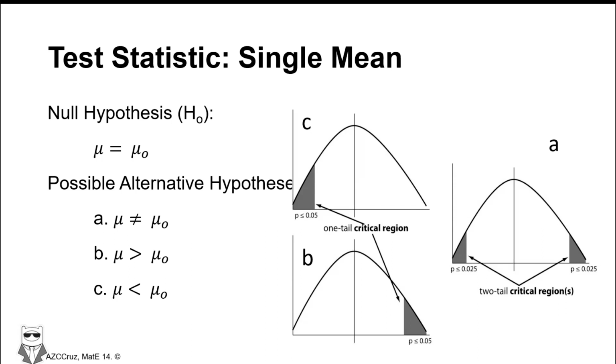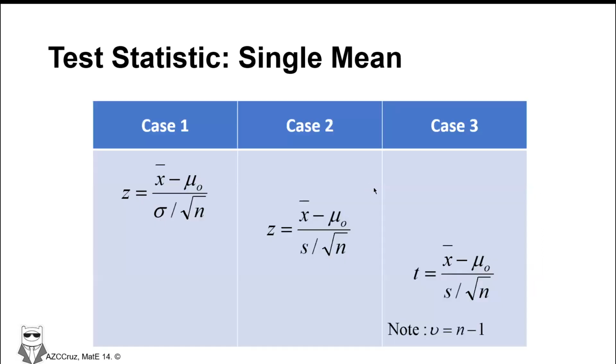Okay? So let's try an example, no, para mas ma-imagine natin siya. So eto, we have 3 cases and notice na similar lang yung cases na to dun sa estimation na cases natin. So we have case 1, case 2, and case 3.